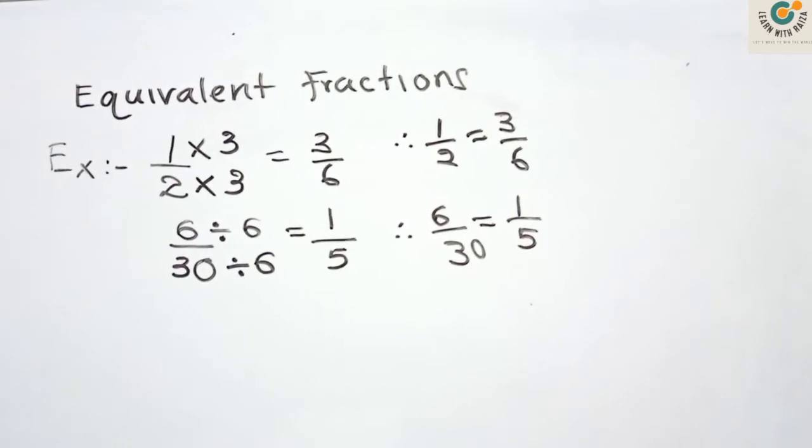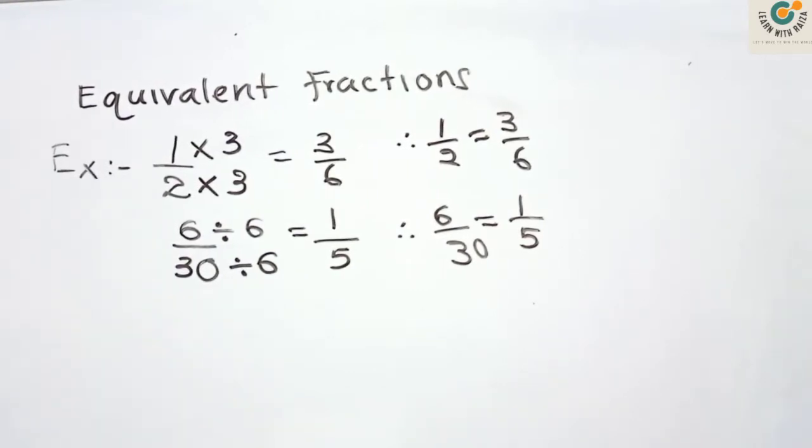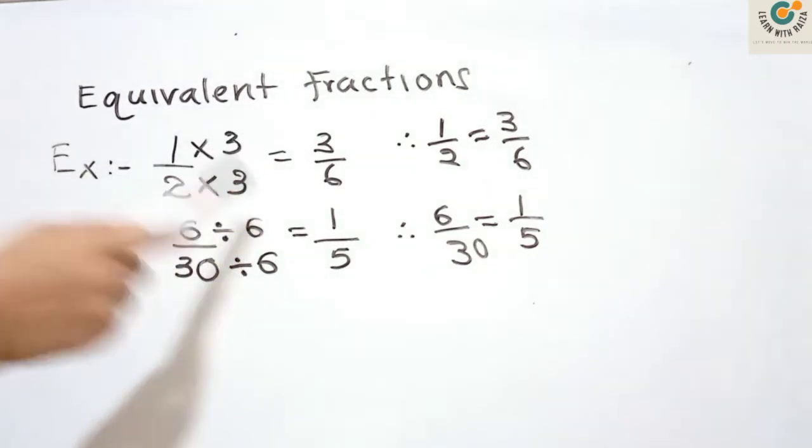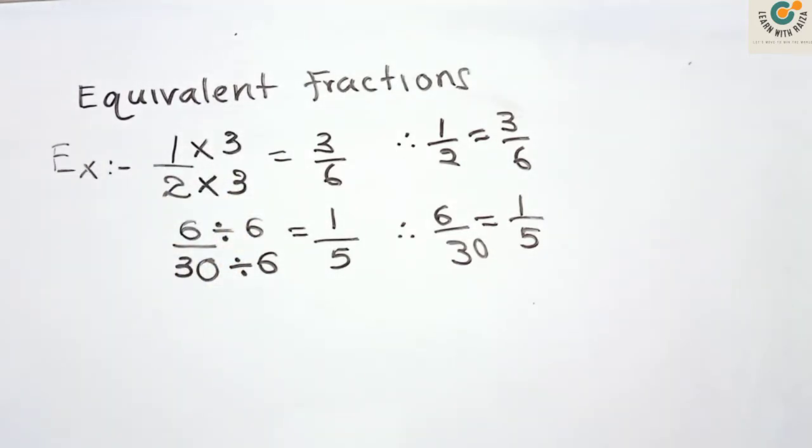So, how did I obtain equivalent fractions here? By multiplying the numerator and denominator by the same number, or else by dividing the numerator and the denominator by the same number. So, listen carefully. Equivalent fractions can be obtained either by multiplying or dividing the numerators and the denominators by a same number.